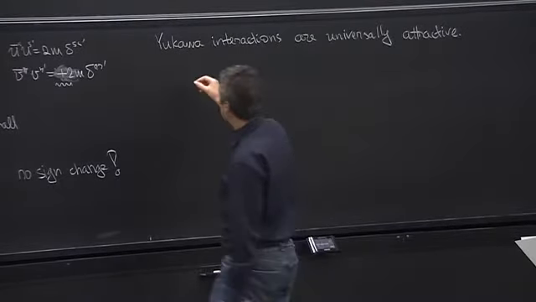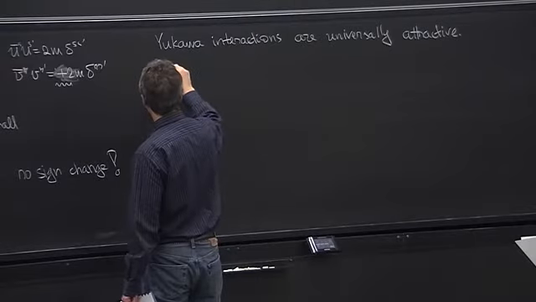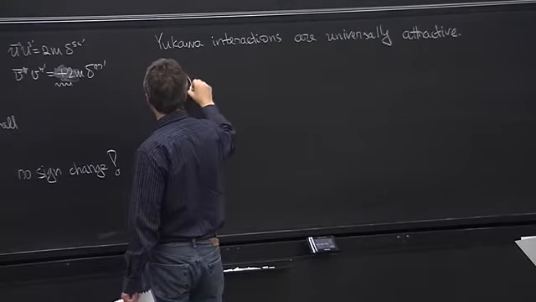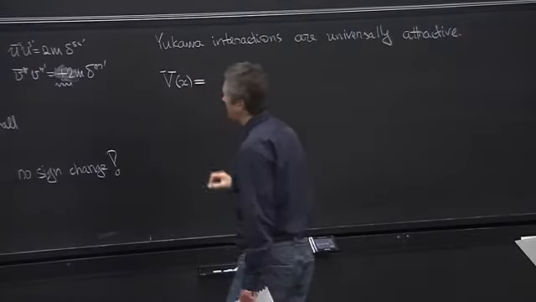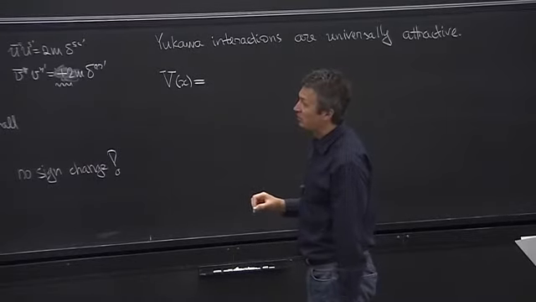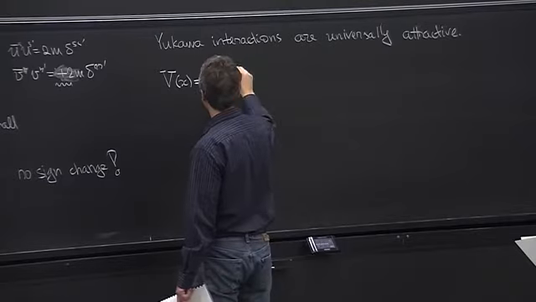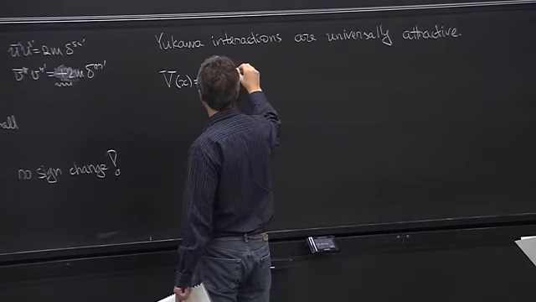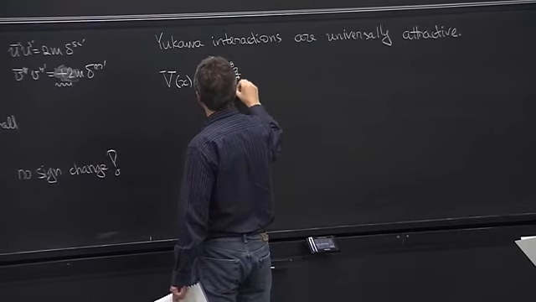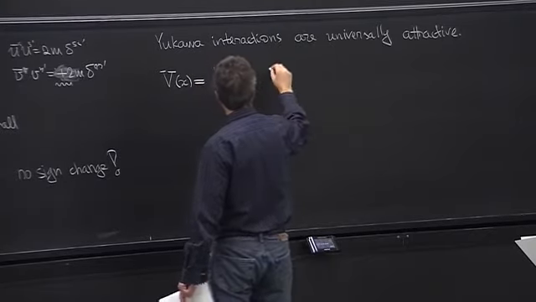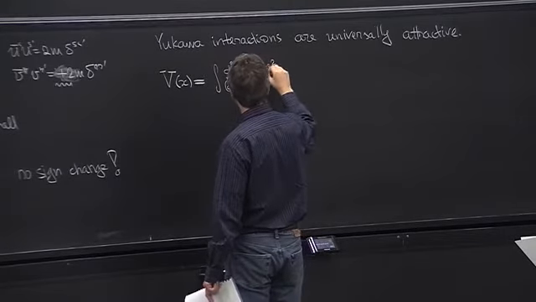And we can compute the potential. So the non-relativistic potential of Yukawa interactions is equal to the Fourier transform of what remains of the scalar propagator.